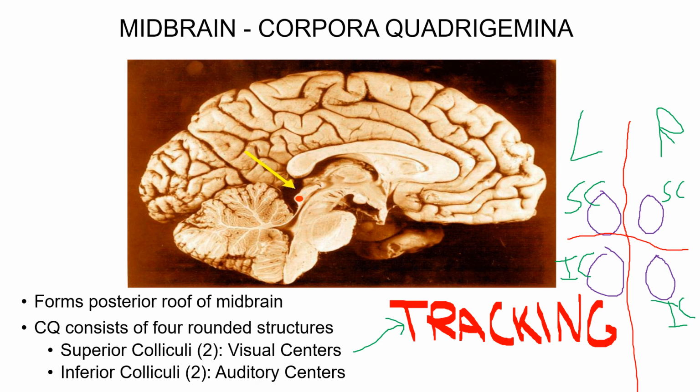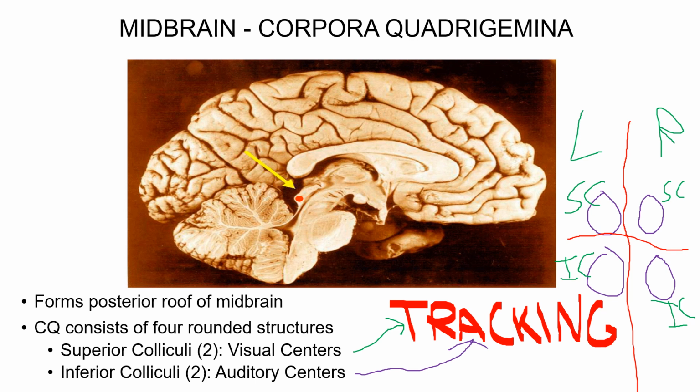So if you're in your room watching this video and you hear some scratching or some weird noises on the roof, well, how do you know it's on the roof? How does your brain know it's coming above you on the ceiling and not below you or not to the left or right of you? Well, that's the inferior colliculi. The inferior colliculi tells you where the stimulus is coming from. Where are those sound waves coming from?